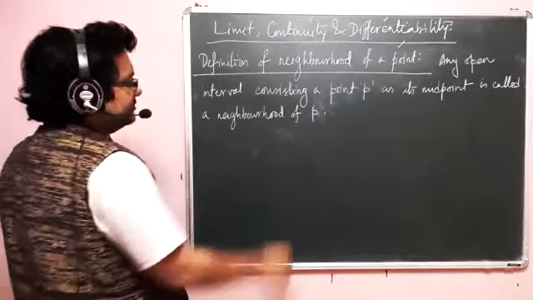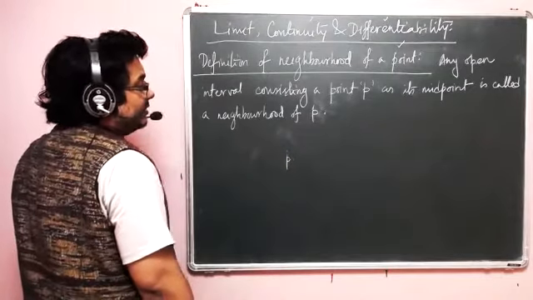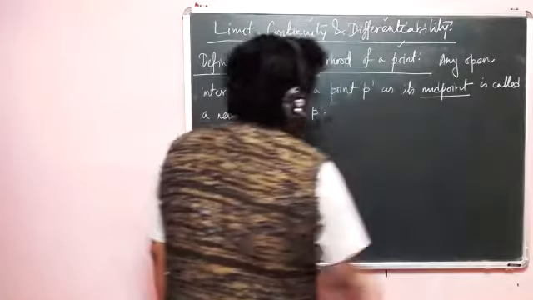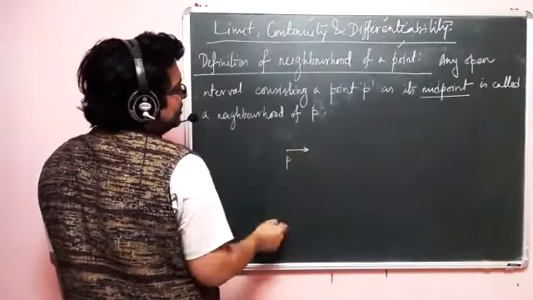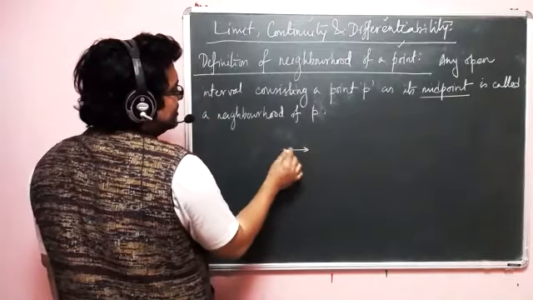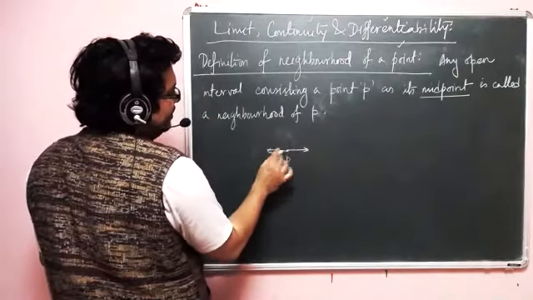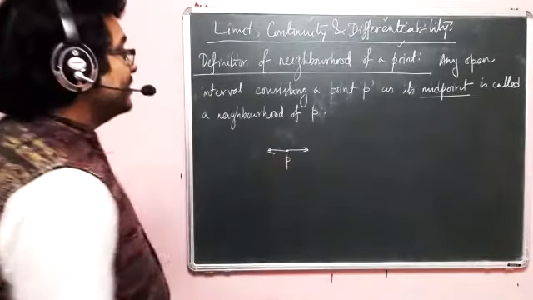So I take P and I consider an interval around P so that P becomes the midpoint. If I take a distance of this much to the right side, I must take the same distance to the left side. That's very important, because otherwise P won't be the midpoint.